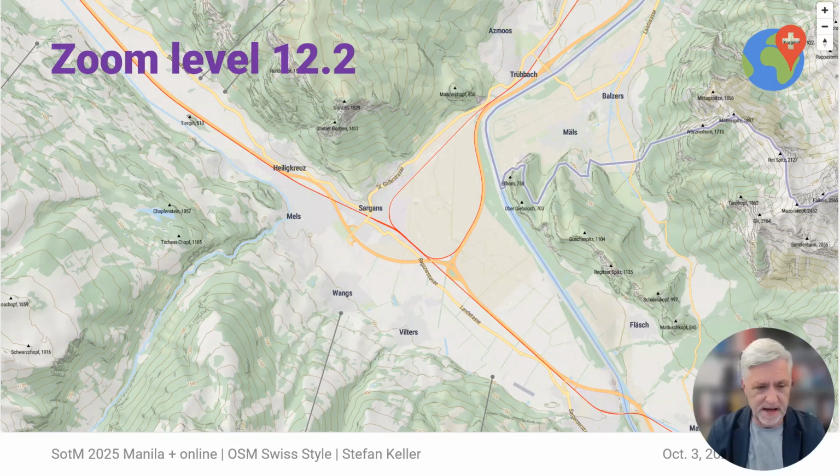And then zooming in to zoom level about 12, going to Sargans, eastern Switzerland, where you see more closely the rock symbolization. And then you see also in red the train, and in orange the highways and main streets in yellow. You also see the cable cars over there and up there.